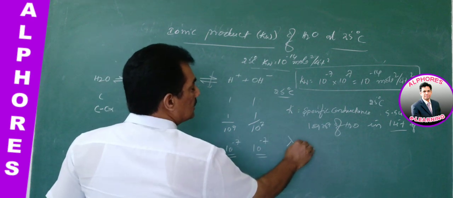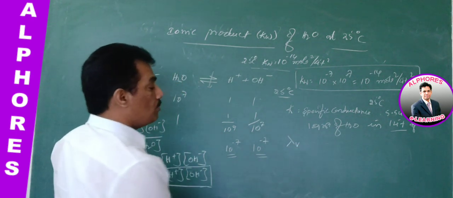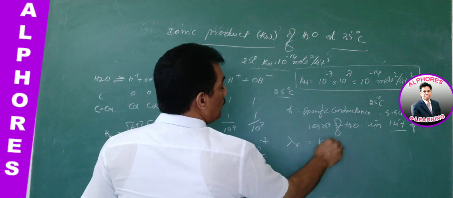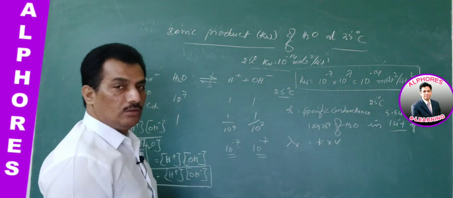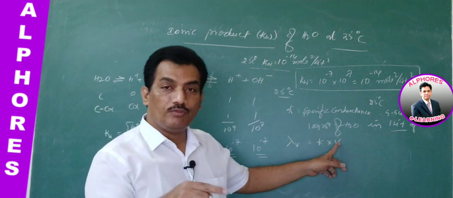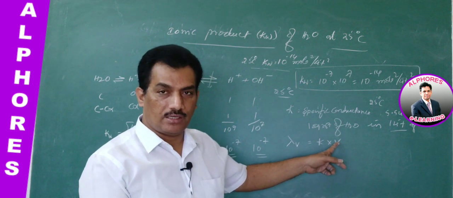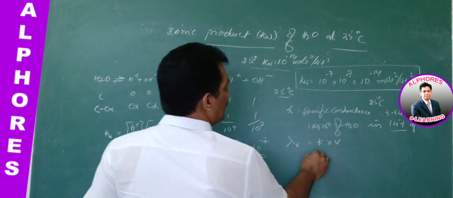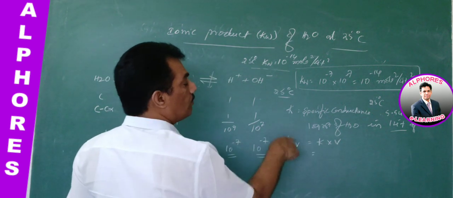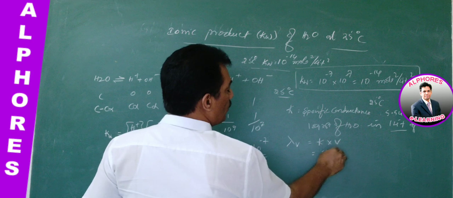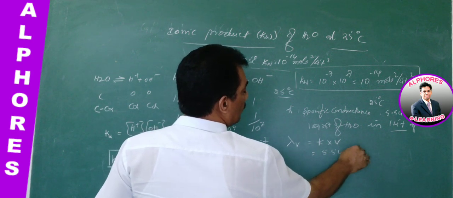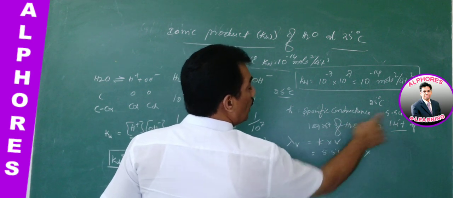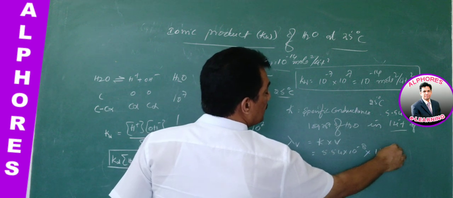By the formula kappa into V, where V is the volume which possesses 1 gram equivalent weight of the solute, we get lambda V of water as 5.54 into 10 to the power of minus 8 into volume. 1 liter means 1000.